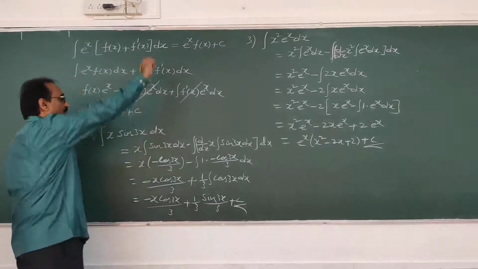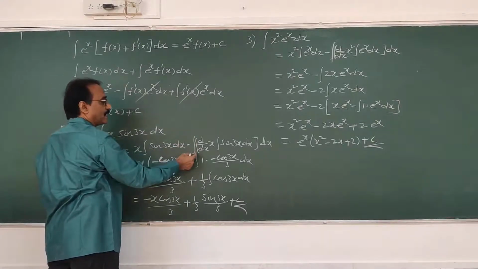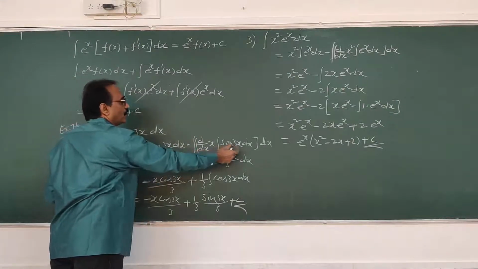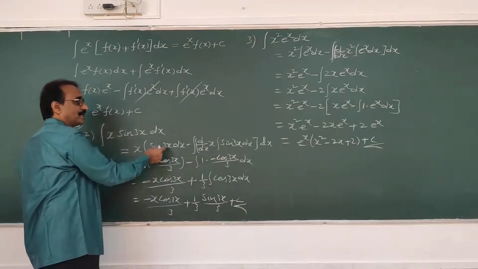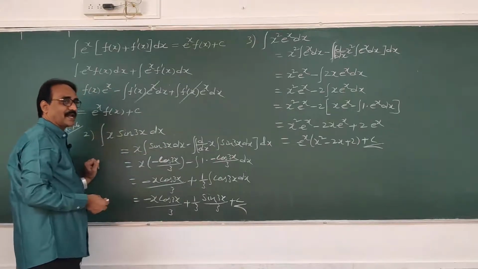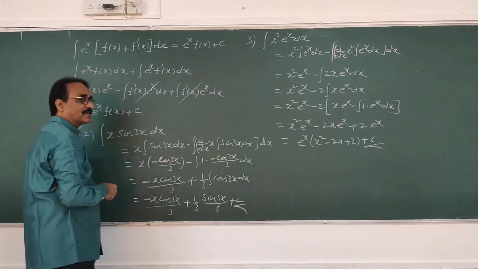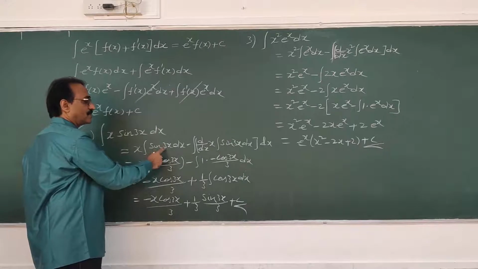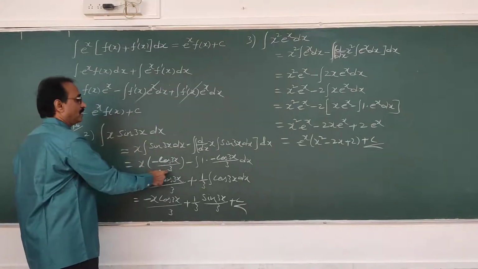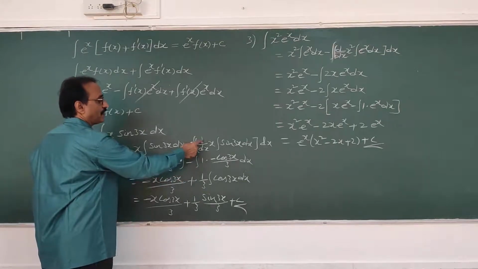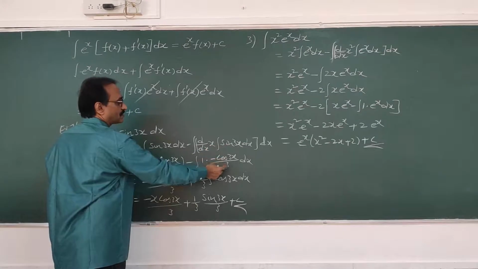First function is x. What is the integral of sin 3x? The integral of sin x is minus cos x, so minus cos 3x, and because of 3x we put by 3. So minus x cos 3x by 3, minus integral of derivative of x with respect to x, which is 1, into minus cos 3x by 3 dx.